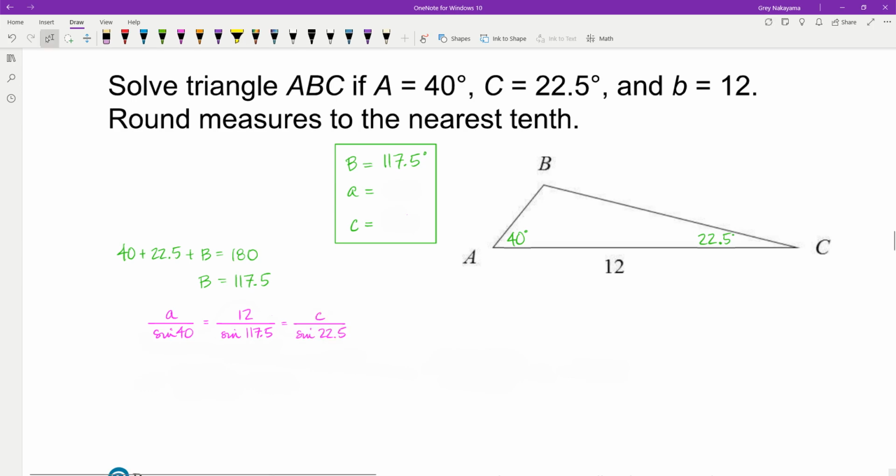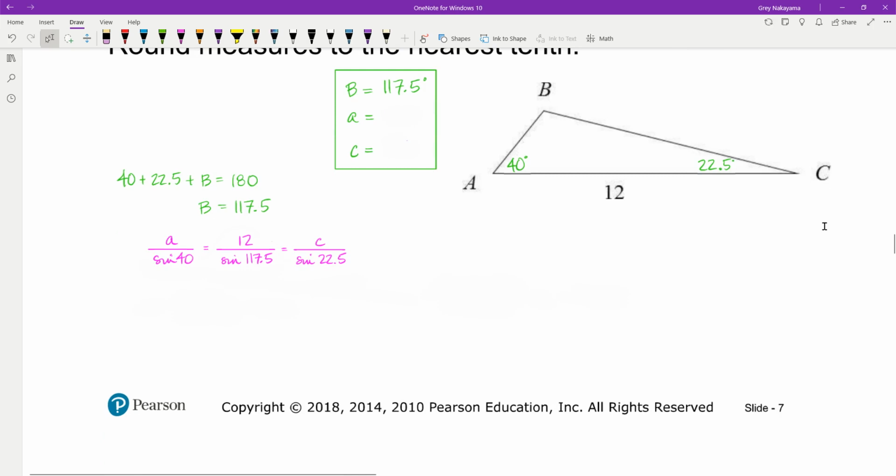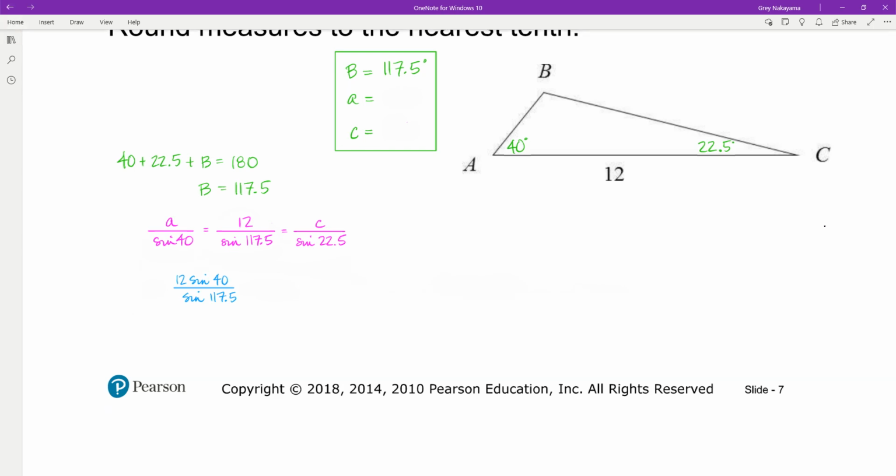Now, the order that you do these in does not matter. I'm just going from left to right, but I'm going to find a proportion where I only have one variable, and so that would be these first two ratios right here.